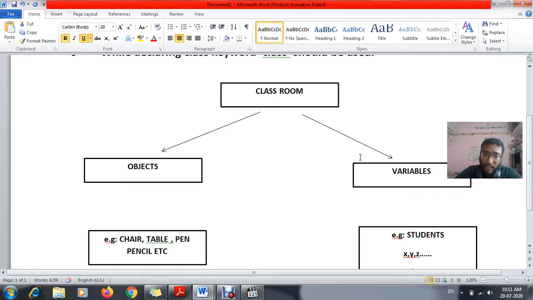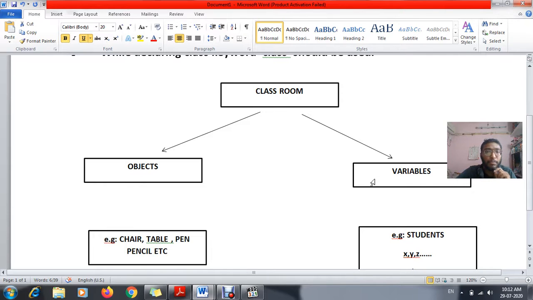The thing is that a class will be there, and inside that class objects will be there, and variables, as I told you, each having their own properties or attributes. That means they will be having their own nature, and this nature will be different in each and every person.